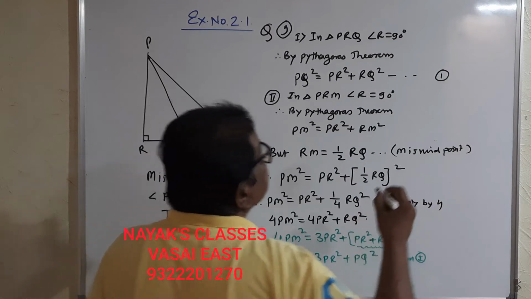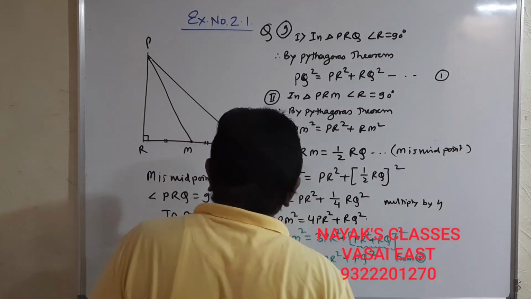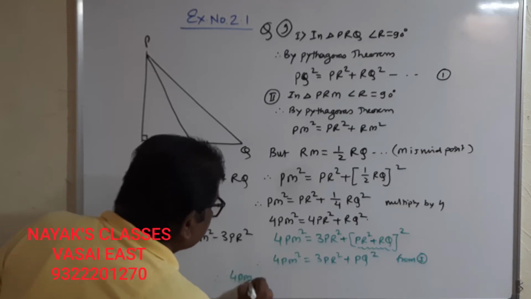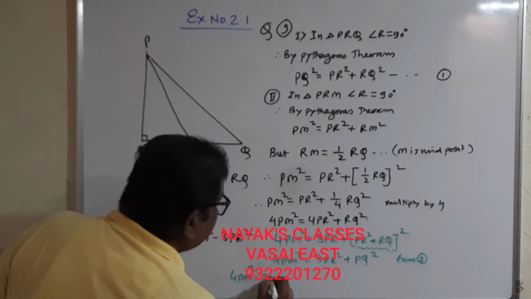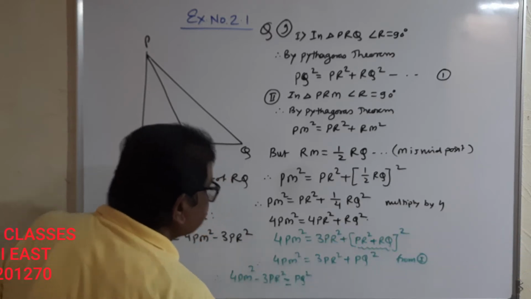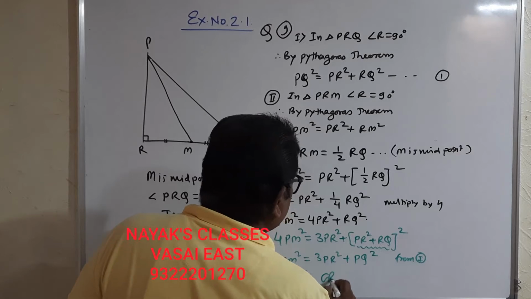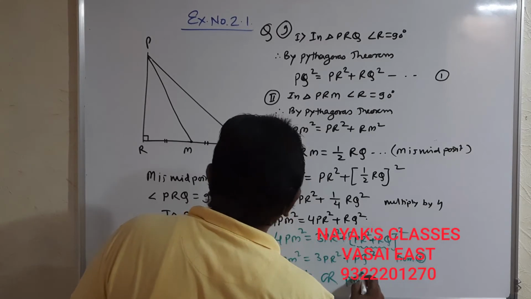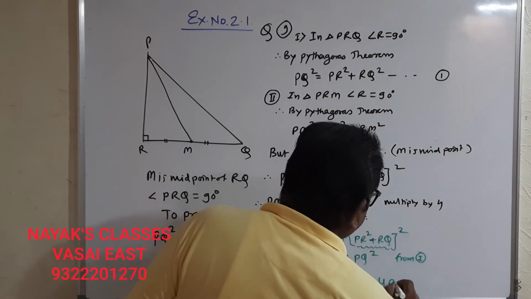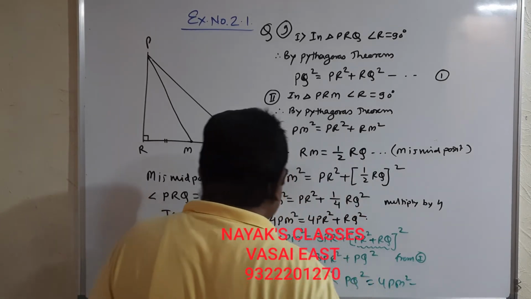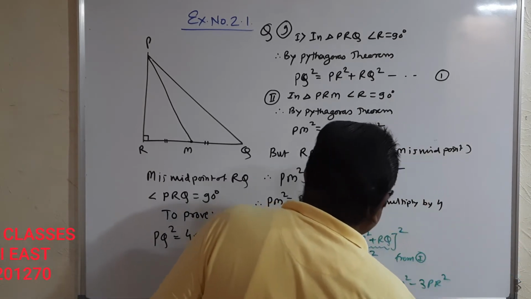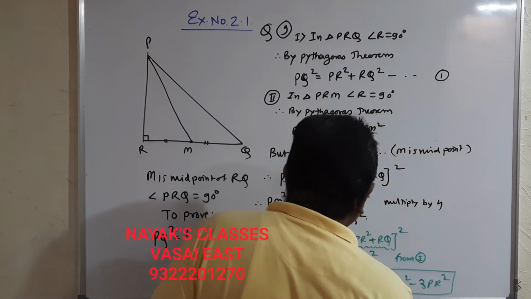What will we get? Therefore, 4 PM square minus 3 PR square is equal to PQ square, or our proof, PQ square is equal to 4 PM square minus 3 PR square. This is the required proof.